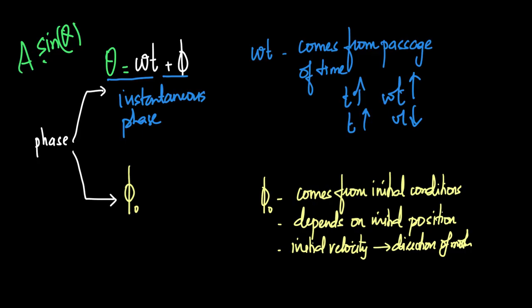That depends upon whether omega is increasing or decreasing. Now, phi zero is the initial phase. It comes from the initial conditions. It depends on the initial position. It depends on the initial velocity and direction of motion.